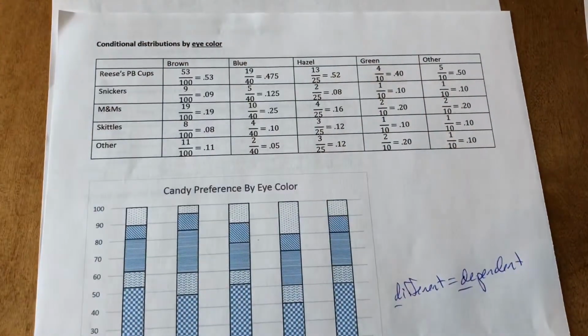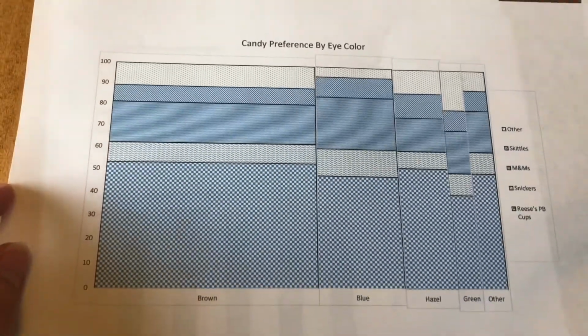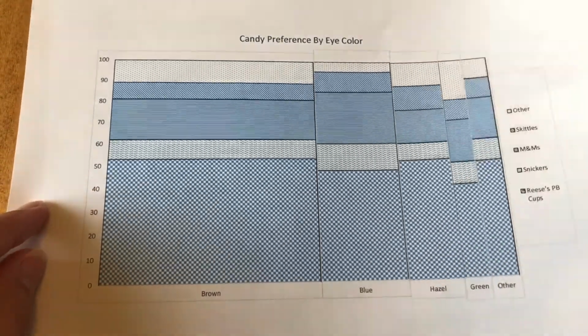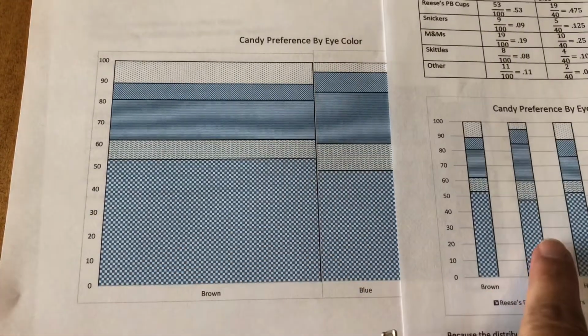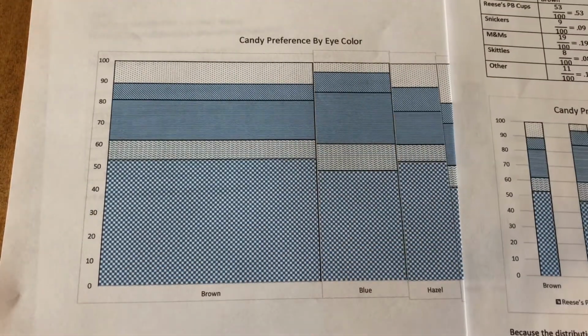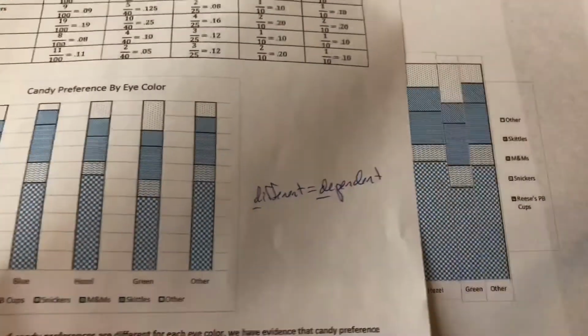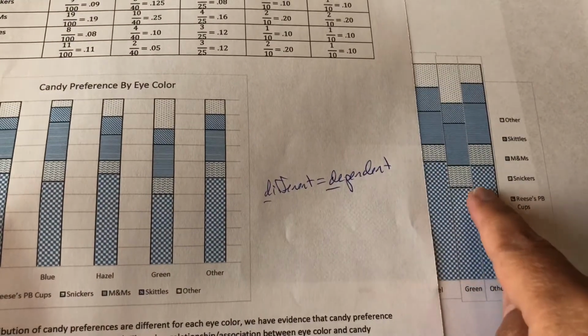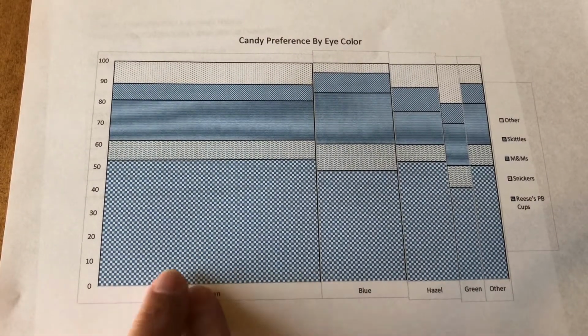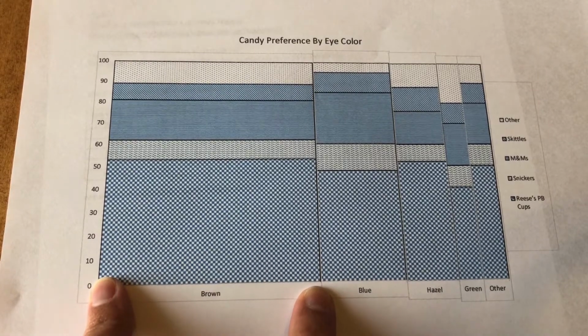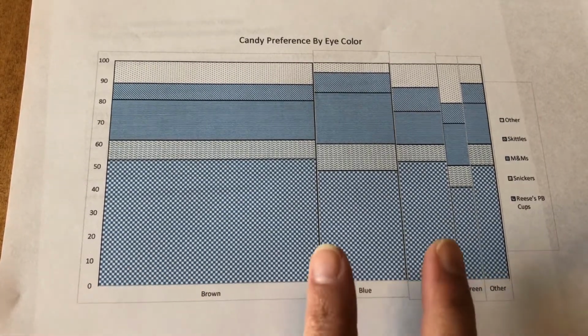Okay, so I went ahead and created a mosaic so you can see what that looks like. So you'll see the actual breakdowns of the categories are the same, okay, for each eye color. For each eye color, okay, so here's other and here's other. But the widths are different. So clearly there was more, I can see from this graph that there were more people with brown eyes in this survey, okay.